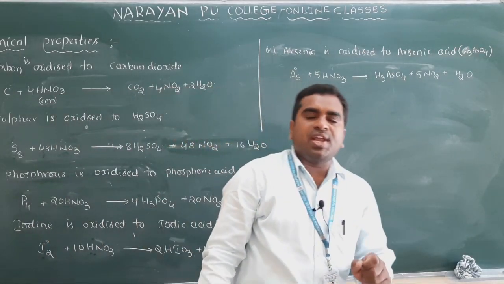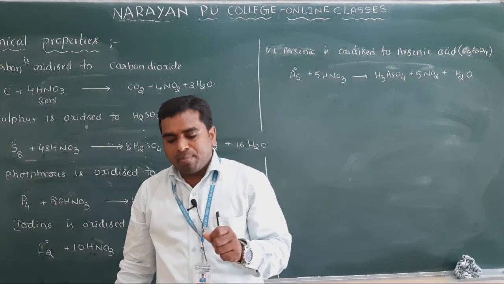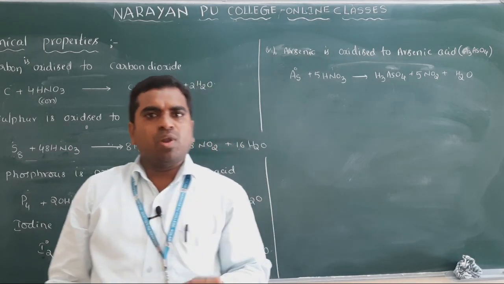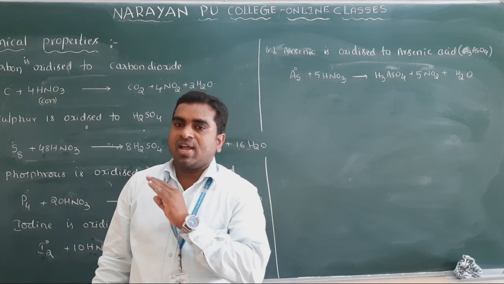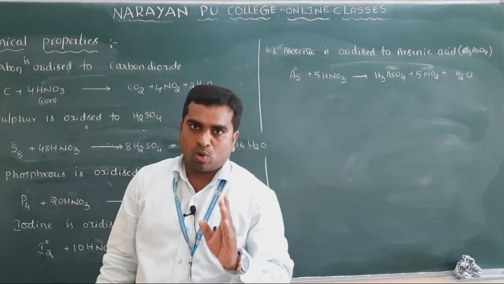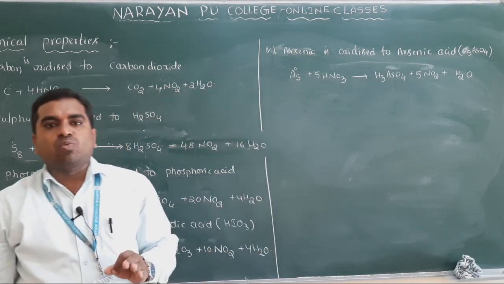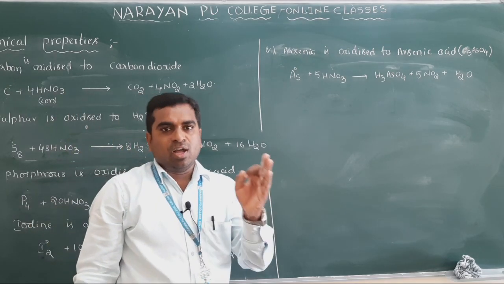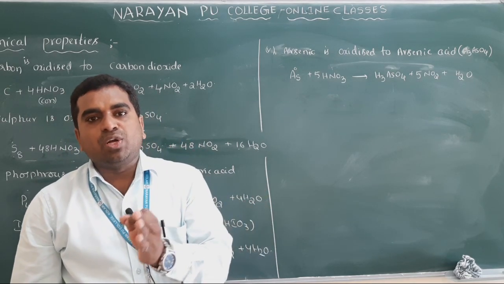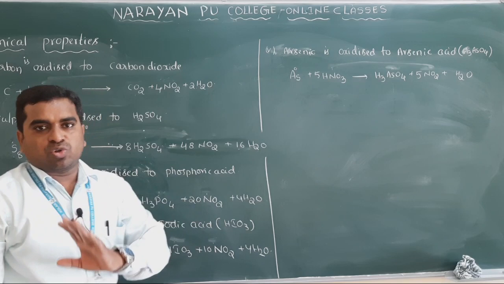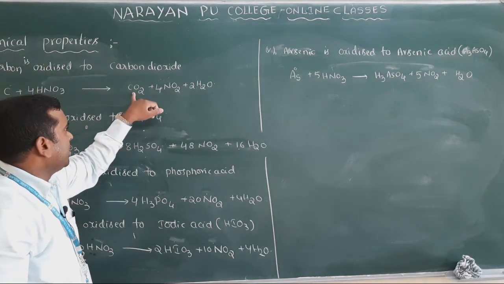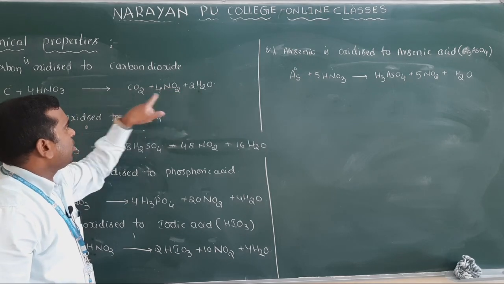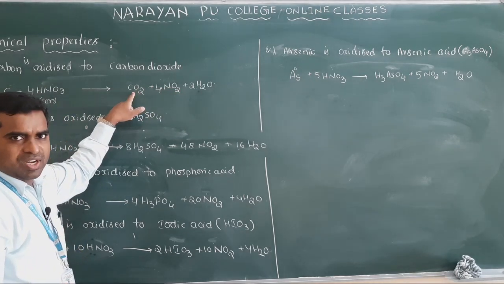So this is about how HNO3 oxidizes non-metals and metalloids. Simple: only concentrated HNO3. Dilute HNO3 has no effect on the non-metals and metalloids, and concentrated HNO3 oxidizes all the non-metals and metalloids into their respective oxo acids. Here carbon is oxidized to carbonic acid. Carbonic acid means H2CO3, one water molecule added: CO2 plus H2O.